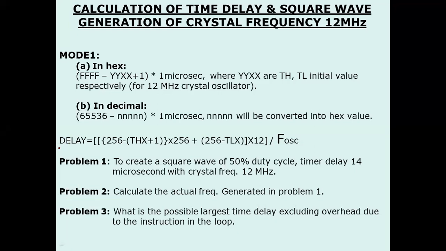Without writing, this formula cannot be remembered. So the time delay is nothing but 256 minus... why this kind of thing is written, I'll tell you. So first write down this formula into your copy.